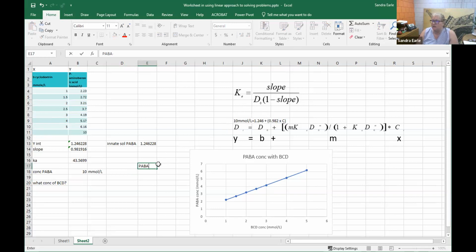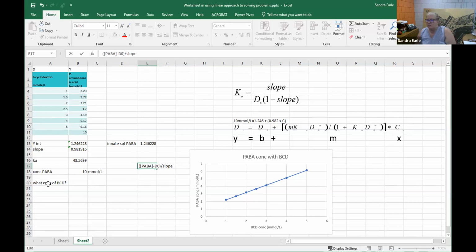So the PABA concentration that we want to get, minus the innate solubility, D0, and then we're going to put some parentheses around this whole thing. We're going to divide that by the slope of the line. And that will leave us with just concentration, which is what we want, right?